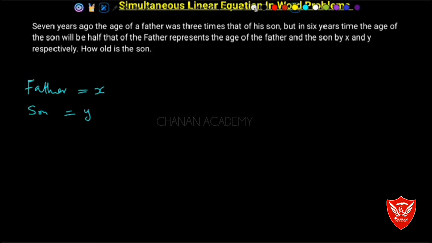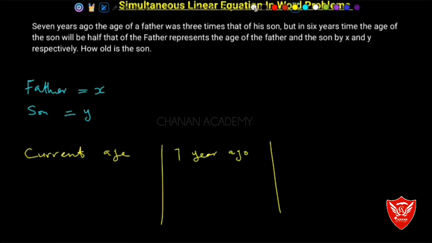Say their current age, and then 7 years ago, how old would they be? And the next thing is to say 6 years later. Now, these are the 3 ages we are going to check.